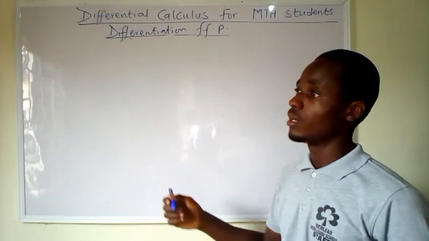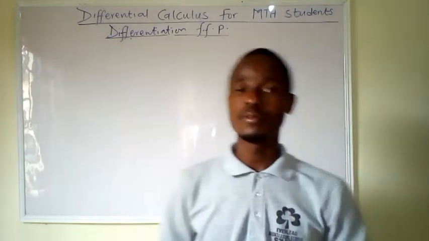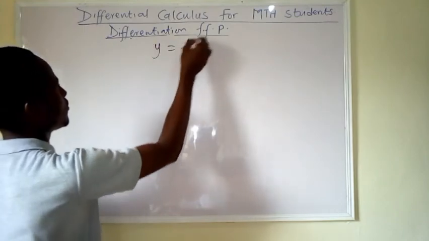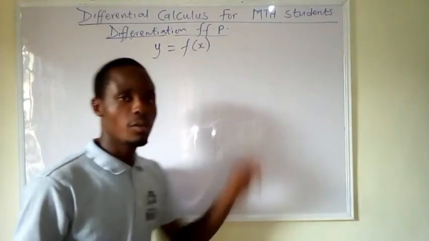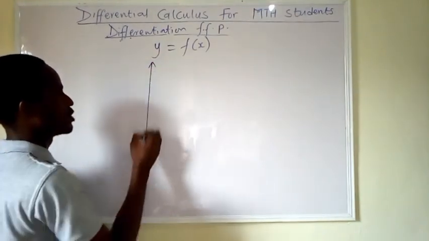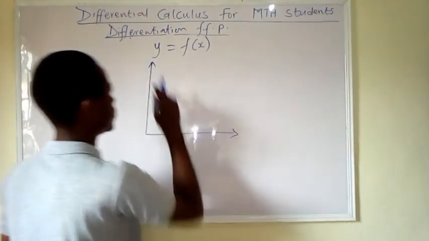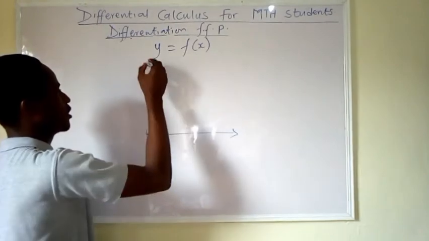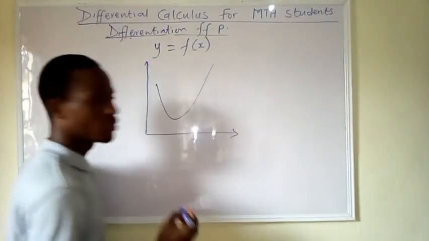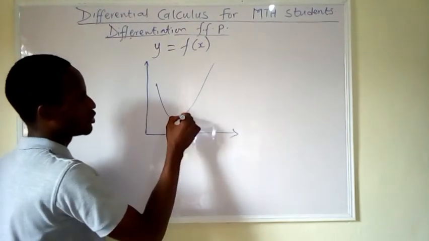So now let us assume I have a function y equals f(x). If I'm to draw the graph for this, suppose the graph of this function is this, of which I have a curve. Let us pick 2 points from this curve.